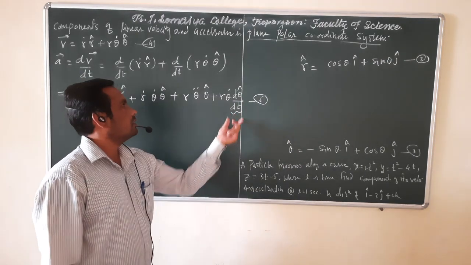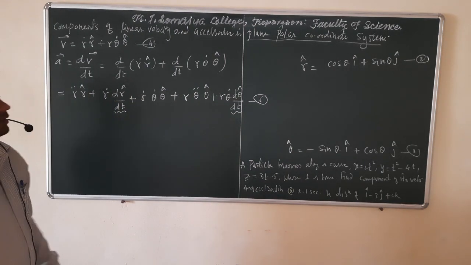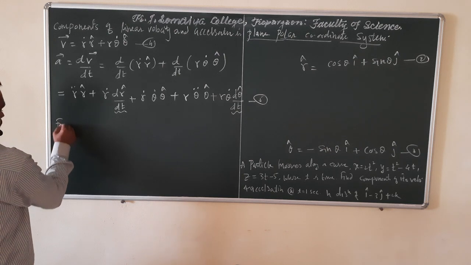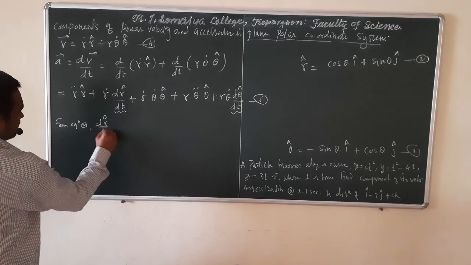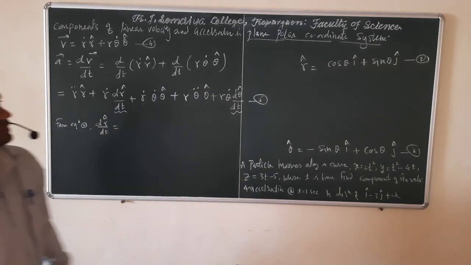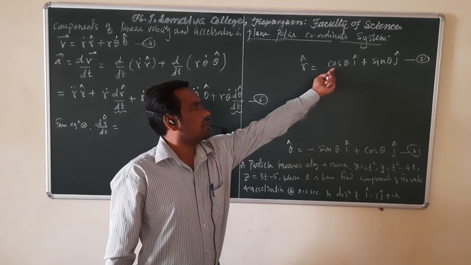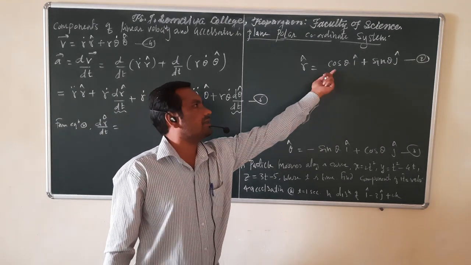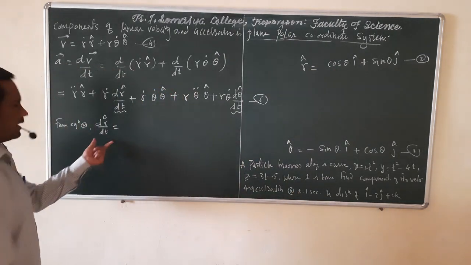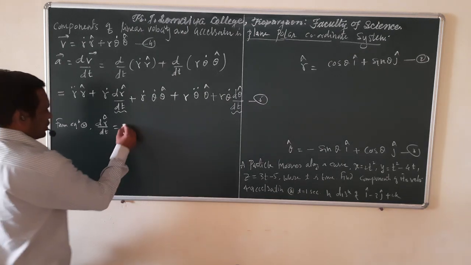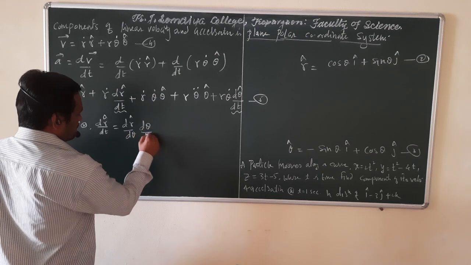So for taking the derivative of r cap with respect to time, from equation 2, here r cap is a function of theta. Okay. So by using the chain rule, as we already derived, we have to take the derivative of r cap with respect to theta and the derivative of theta with respect to time.